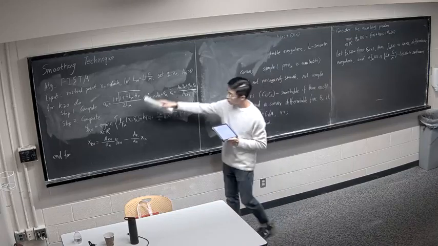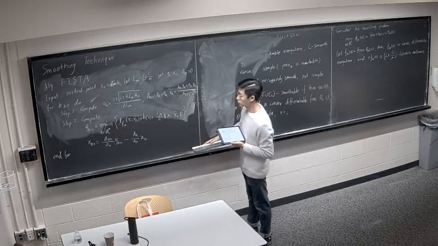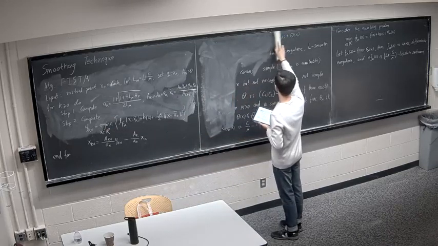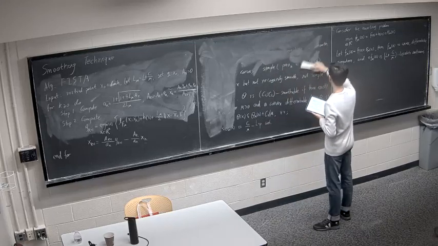And the convergence of this algorithm is shown for the y_k sequence. You will show phi of y_k minus phi star converges to 0 on the order of 1 over k squared.